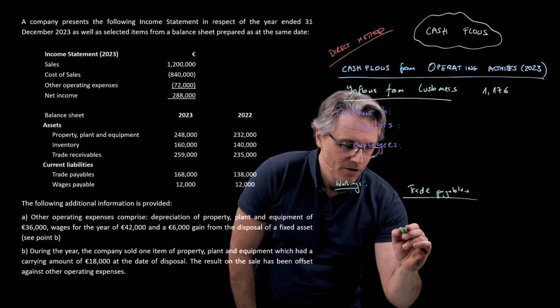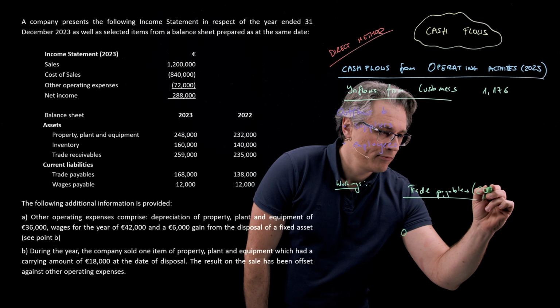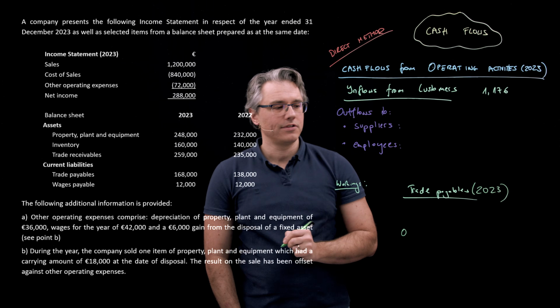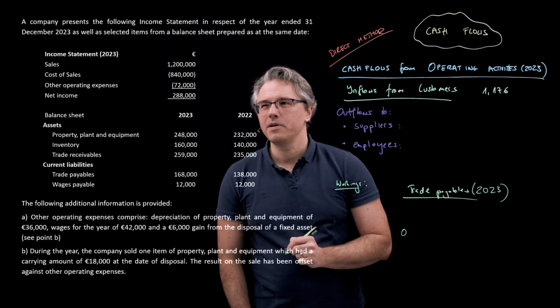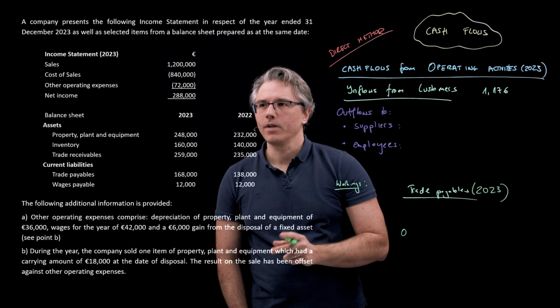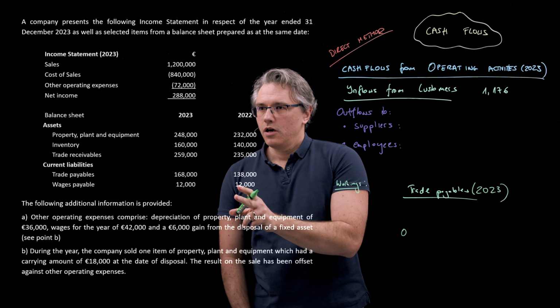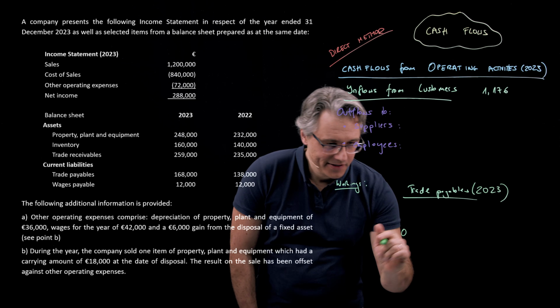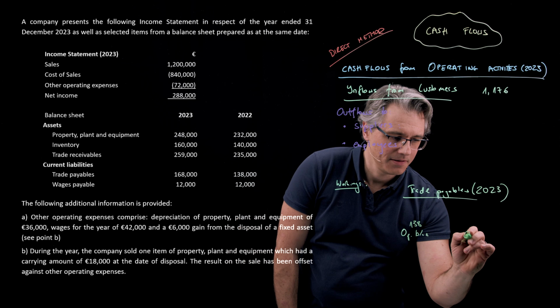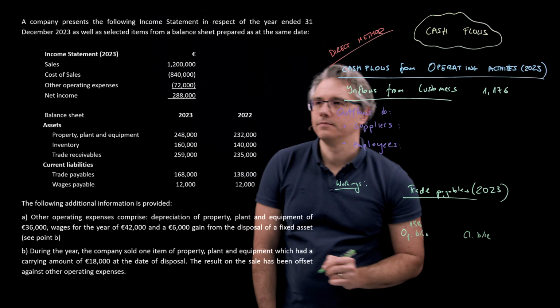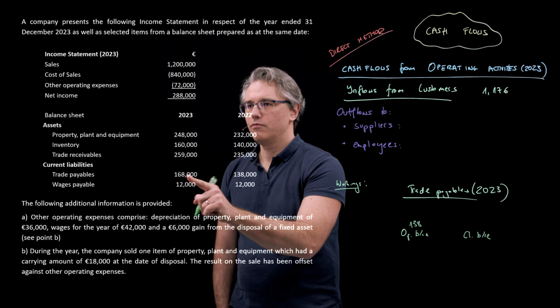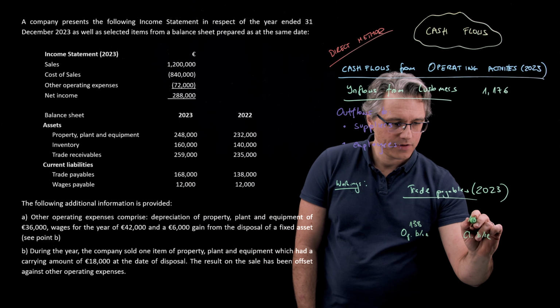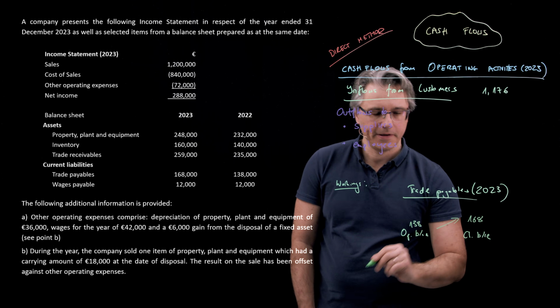So our opening balance, now this is a reconciliation of what happened to this account in 2023. So our opening balance was over here, 138. Sorry, apologies for that. 138. Our closing balance was over here, 168. So there was a little bit of growth here.